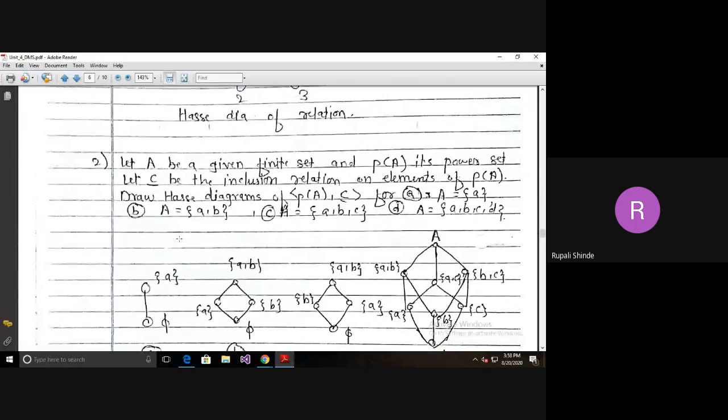Okay. So likewise, if you consider set A, which consists of two elements A, B, then first of all we have to find what is the power set of this set A. So power set मध्ये कुठले element असणार आहेत?